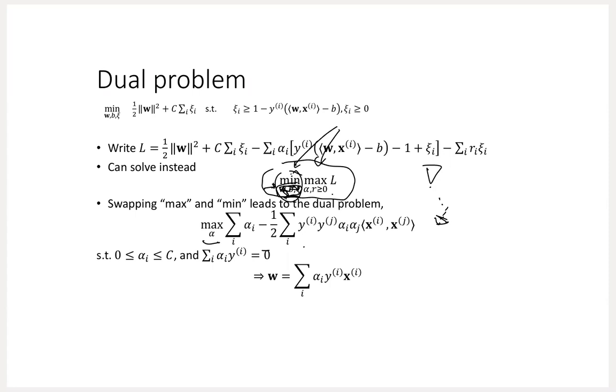So I have alpha and R, and we find that R is related to alpha. Anyway, alpha will be the only variable left behind. And given the alpha, W will be given by this one.